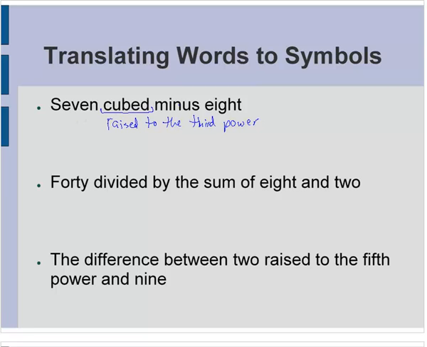So 7 cubed minus 8 would be written as 7 exponent 3 subtract 8. Another phrase that we don't see here but you might see somewhere else is squared. That phrase means raised to the second power.